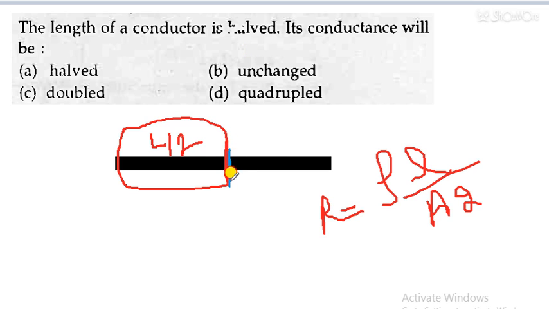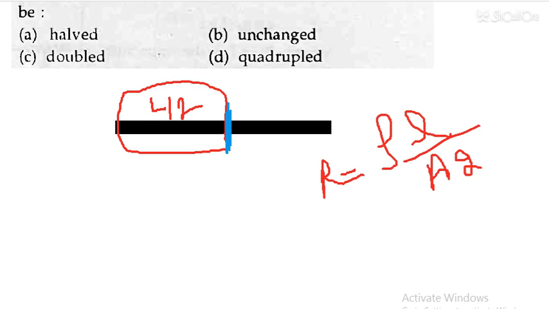That means it will become rho into L by 2, over A. So I will write here 2A so that we can understand it. That means resistance is now halved.